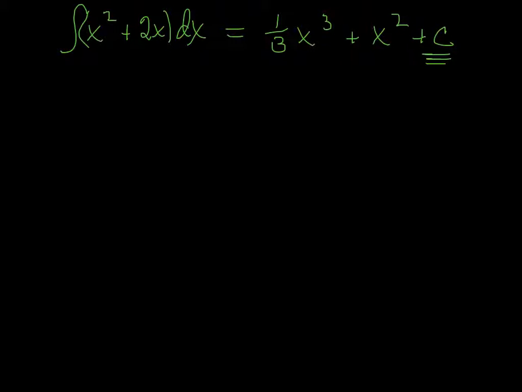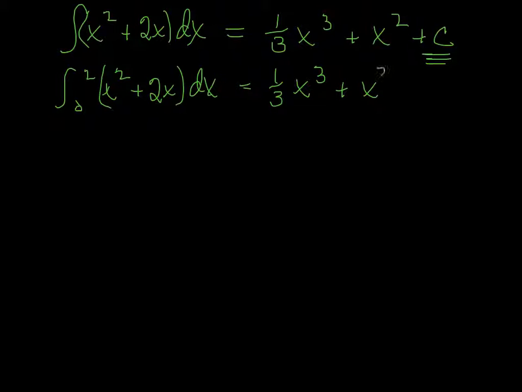So we talked about the need to have a constant c, whereas also we compared that last week to something where we did have bounds. And if we look at this same function and we integrate, we would not include the plus c, and we would just evaluate from 0 to 2.